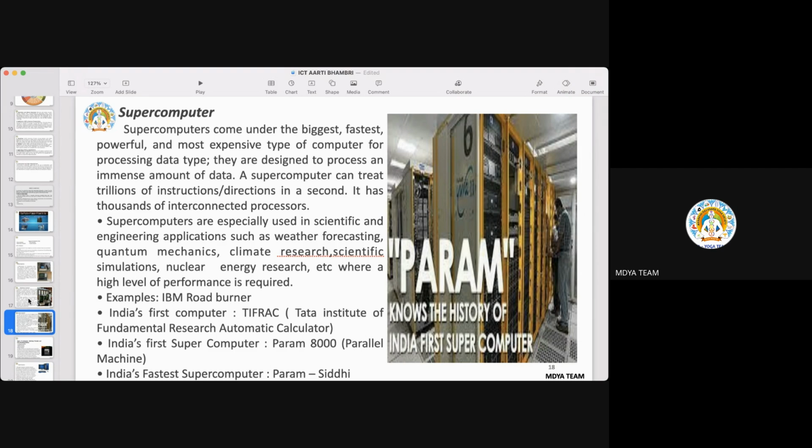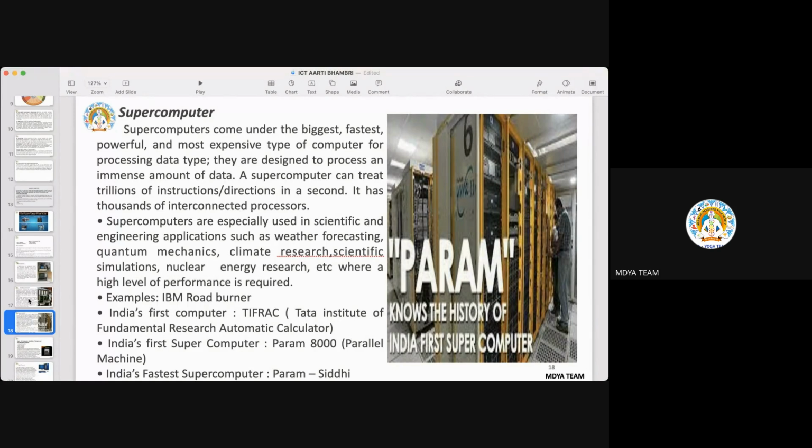It's not very easy to make supercomputers. Microcomputers are made in bulk by any company, but supercomputers cannot be made in bulk because they are very, very costly. Some names are IBM Roadrunner, and this is also asked sometimes: India's first computer.